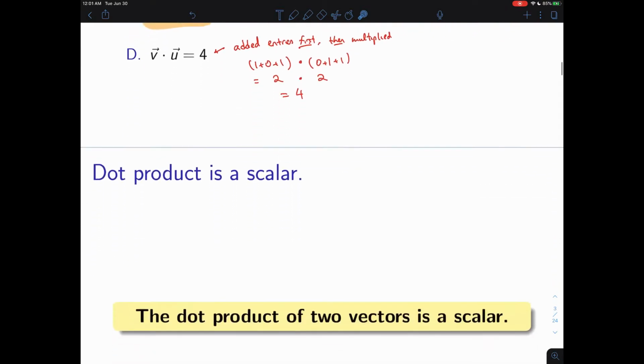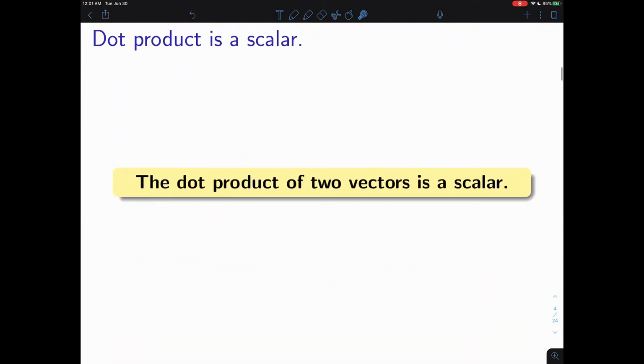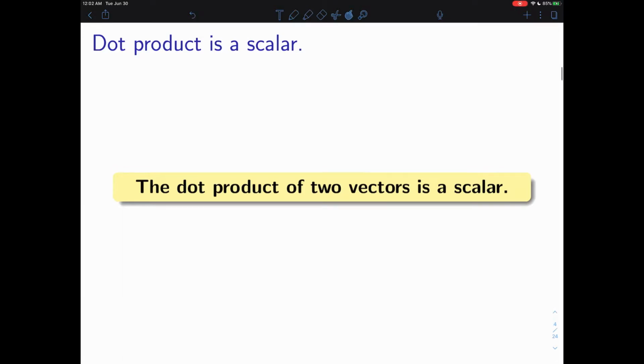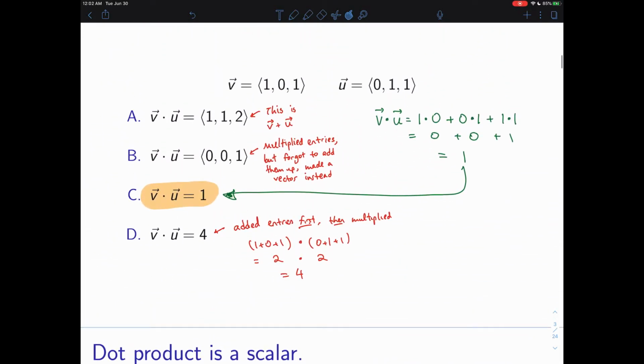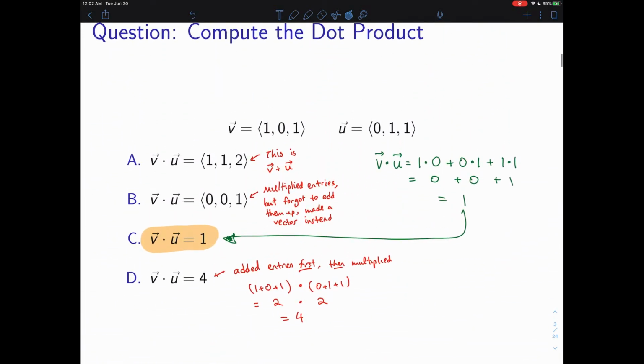Well, okay, so that's computing the dot product. And just a really important observation here, it's on this slide twice, so you know it's important. Dot product is a scalar. The dot product of two vectors is a scalar. So look back at that wrong answer A, right?